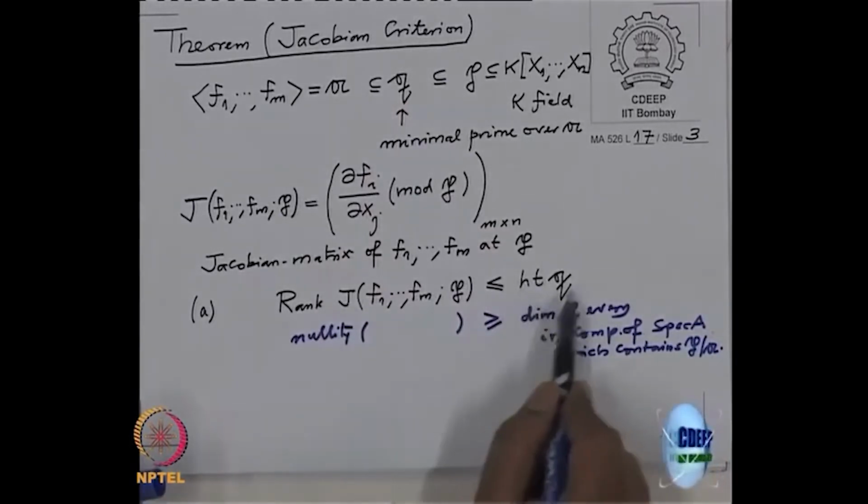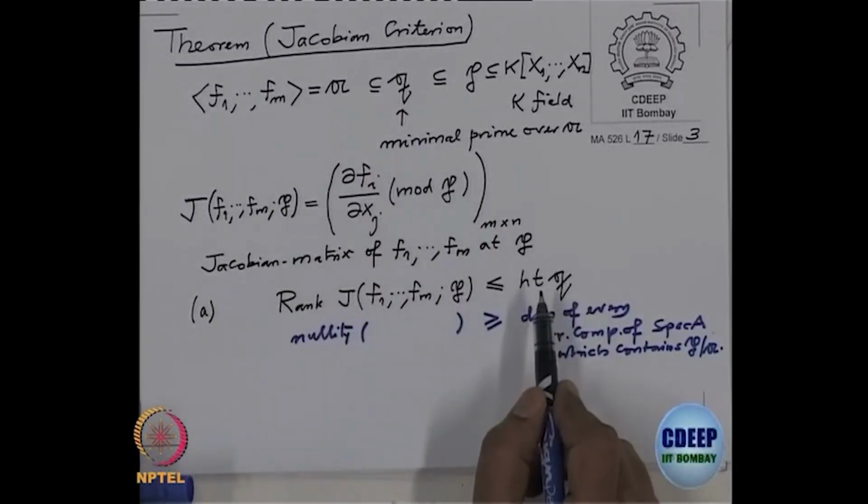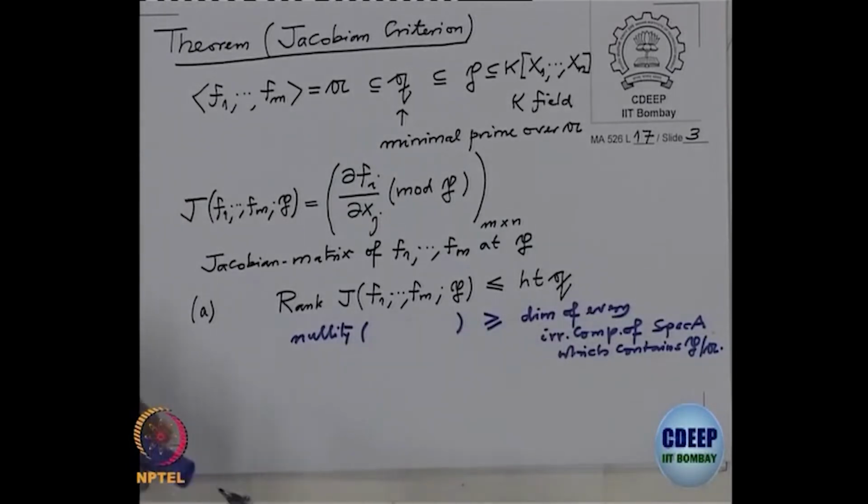That means if this is less than or equal to every minimal prime, and when you take the reverse inequality, it will become every. Okay, that is the statement A.